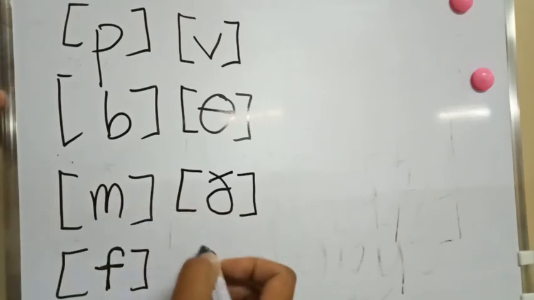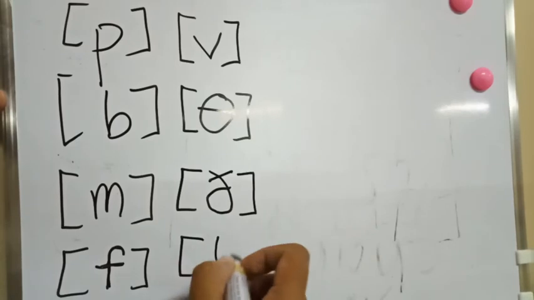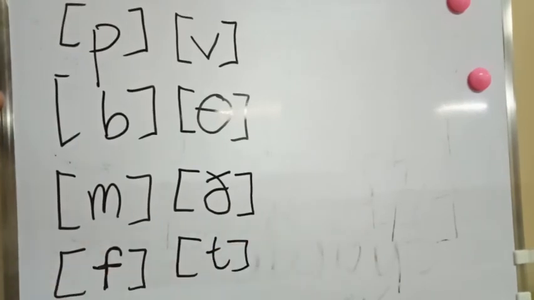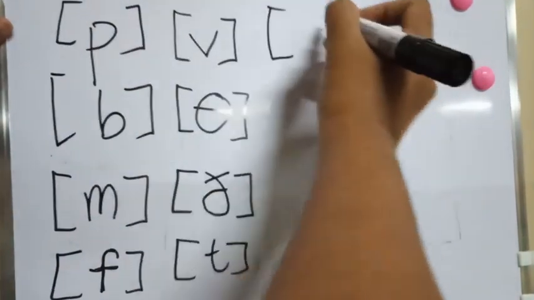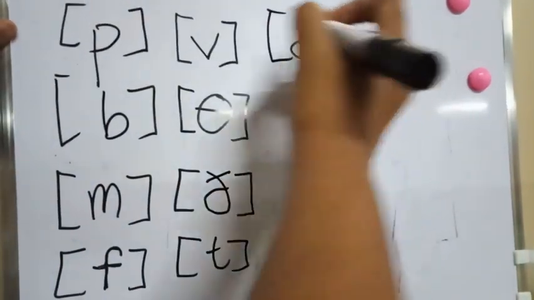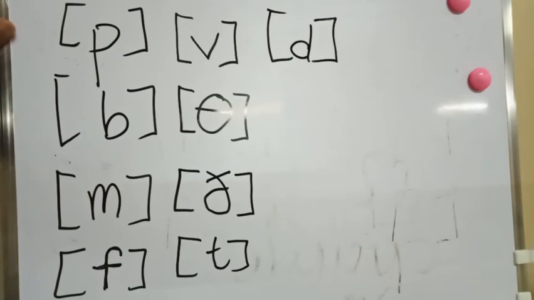Then we have this symbol. It's pronounced as t, as in when you say tank, tall, tin, flat, stool. Next, we have this symbol, d, as in when you say dim, rod, undo.